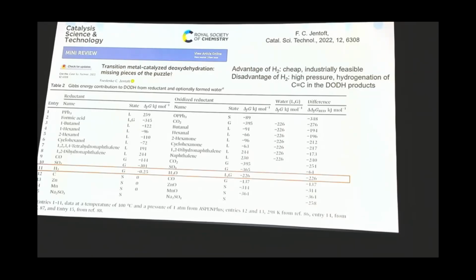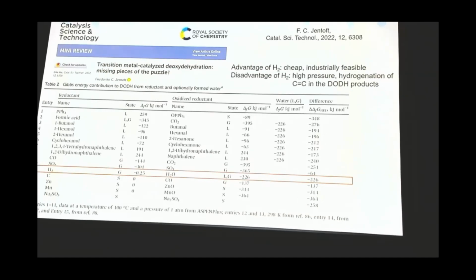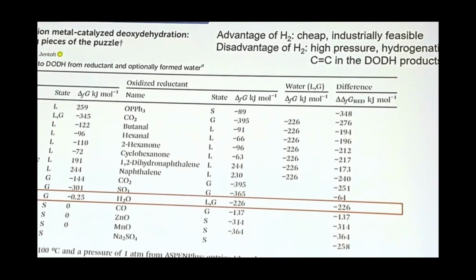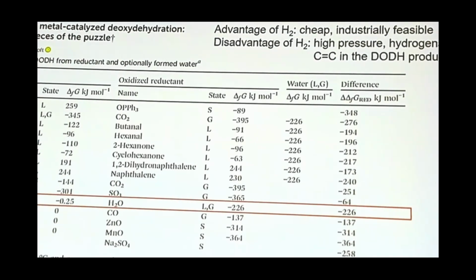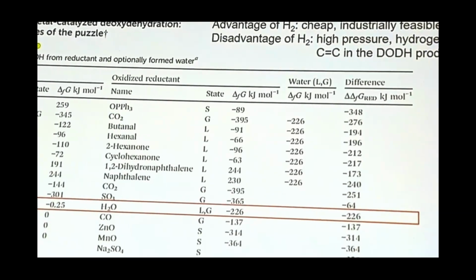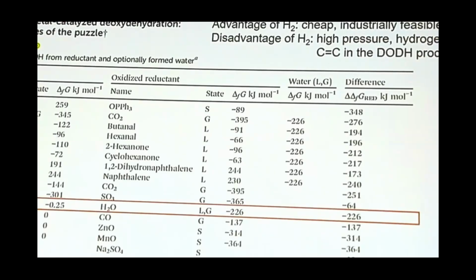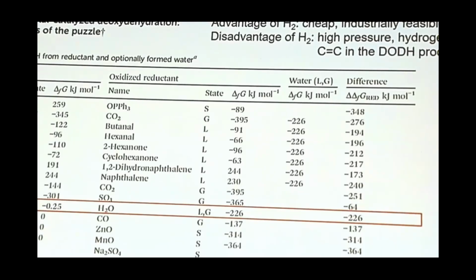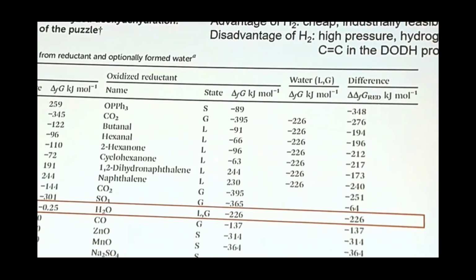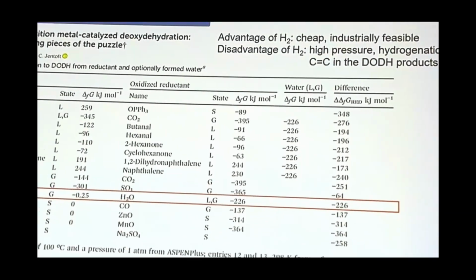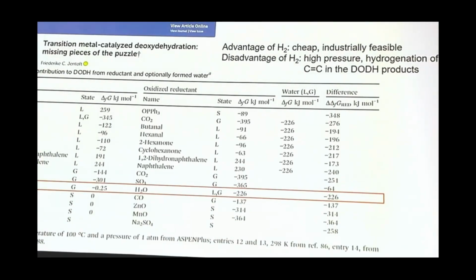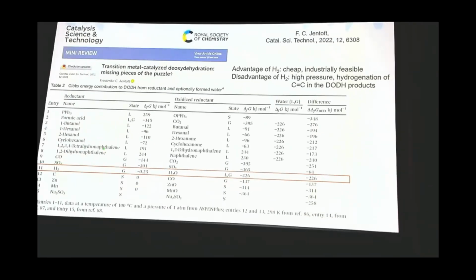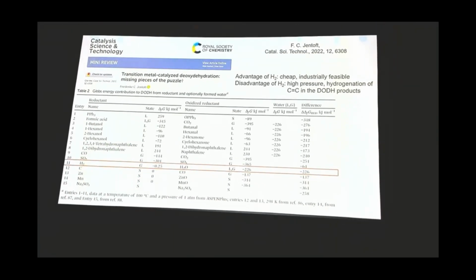Professor Gentoft recently wrote a very comprehensive review in Catalysis Science and Technology. This is a list of the reductants in the DODH catalysis. This review covers all the aspects of the DODH studies. This is one of the examples, and a lot of various types of reductants have been used for these reactions.